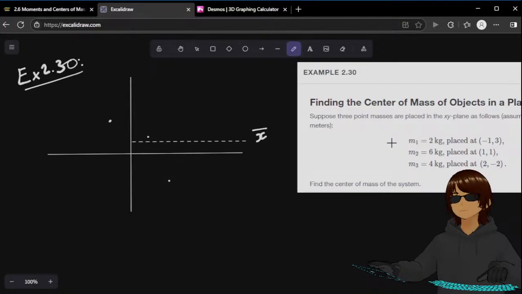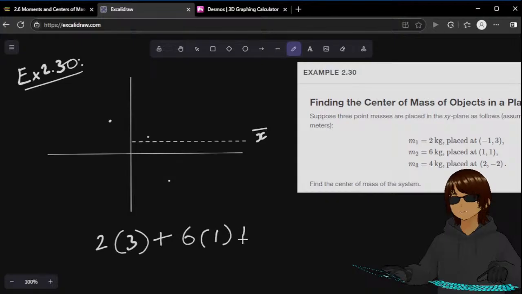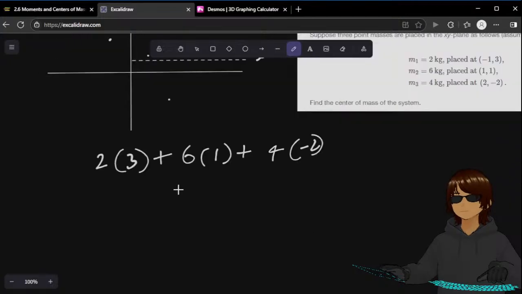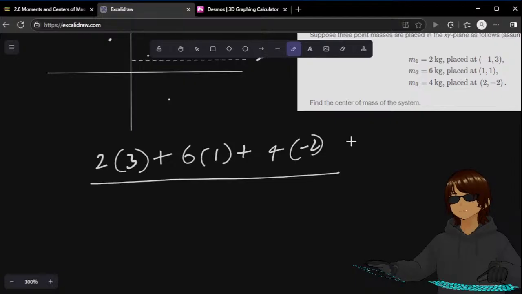This, plus 6, this, plus 4, and then 6 for 2, 12.